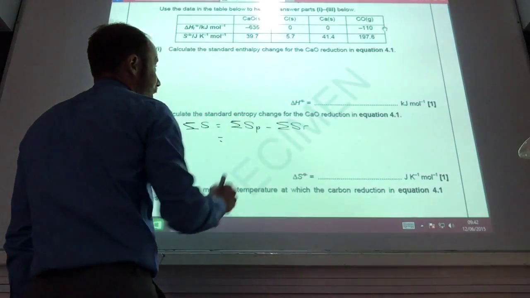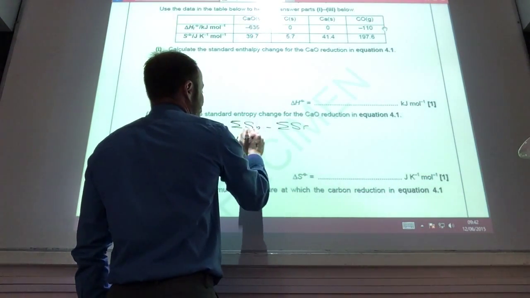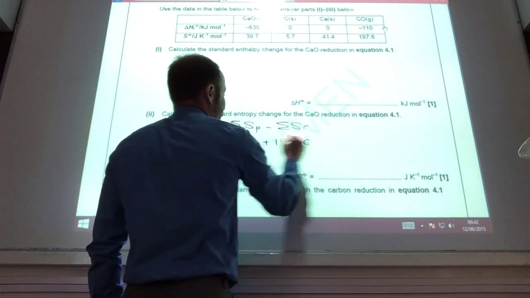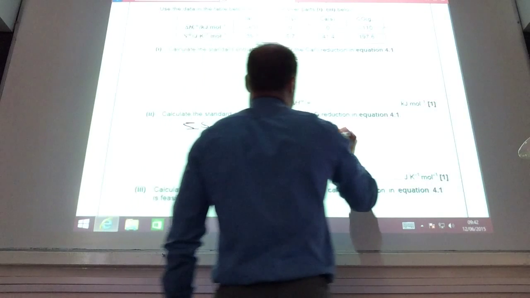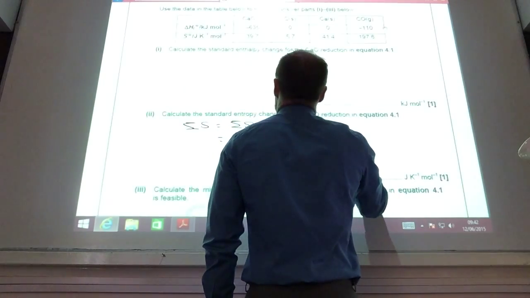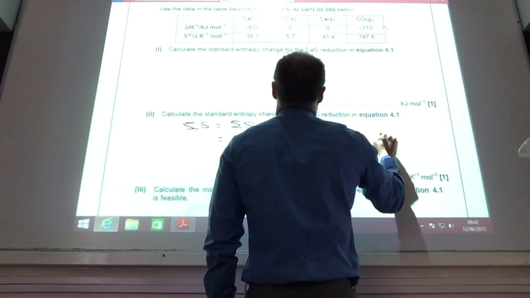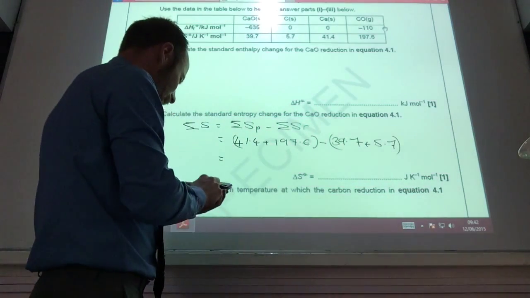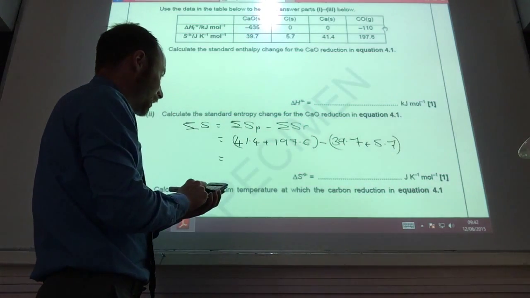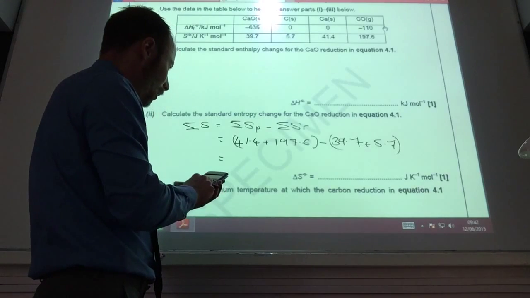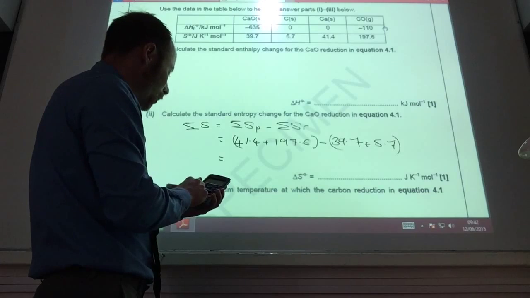The products, so I've got calcium, which is 41.4 plus 197.6, and it's minus my reactants, which is 39.7 plus 5.7. If we do that, 41.7 plus 197.6, whoa, no, that's bonkers, isn't it?